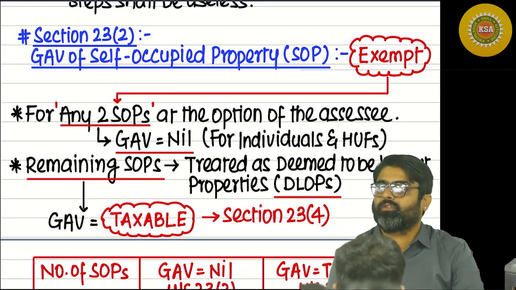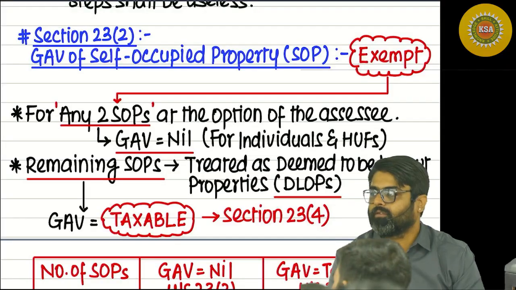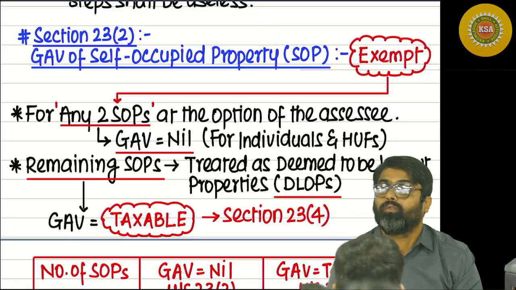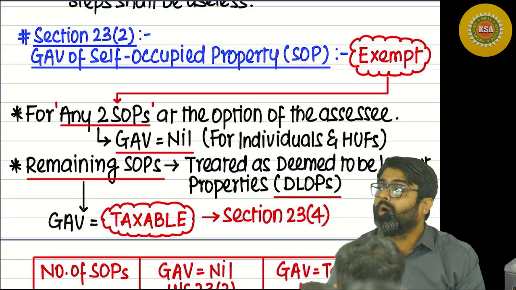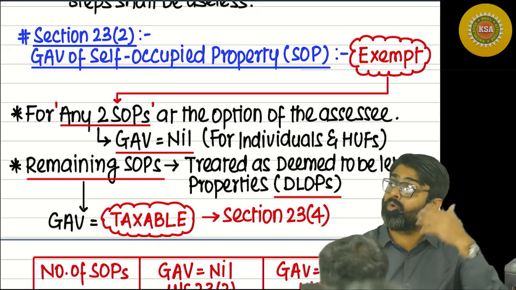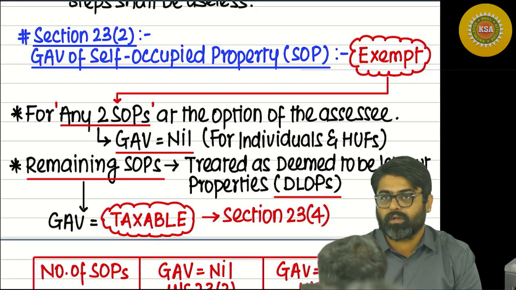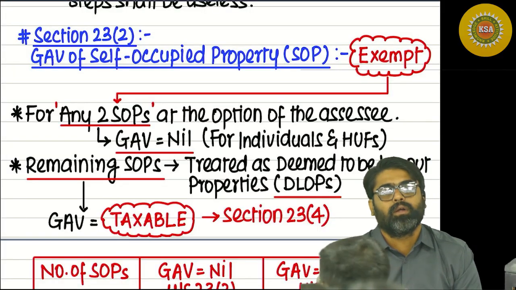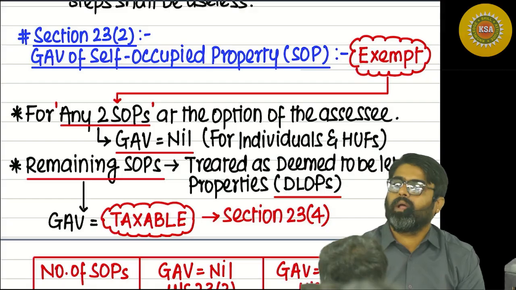So the property was self-occupied only for 7 months, occupied only for residential use. And for the balance 5 months of the previous year, the property could not be used for residence. Why? Because the assessee had to shift to another place for employment, business, profession, etc. Yes or no? Now in that particular case, what will happen?